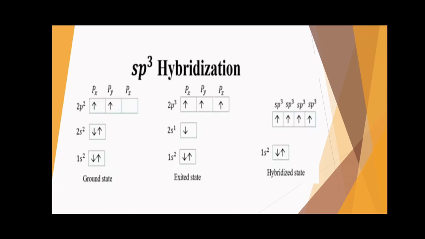So one of the 2s electrons is promoted to a 2p orbital for hybridization and we get another, excited state of the carbon atom. In the excited state, we have 4 unpaired electrons. So all of these orbitals get mixed up and form new equivalent hybridized orbitals of the same shape and energy. These 4 new orbitals are called sp3 hybridized orbitals.